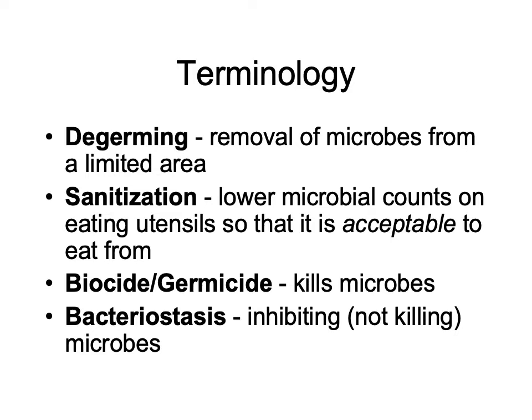So you are inhibiting its replication, or maybe you're inhibiting something about that microbe, so it kind of puts it on a pause. It doesn't kill them, it just stops them from replicating or stops them from growing. You do something to inhibit something about that microorganism.